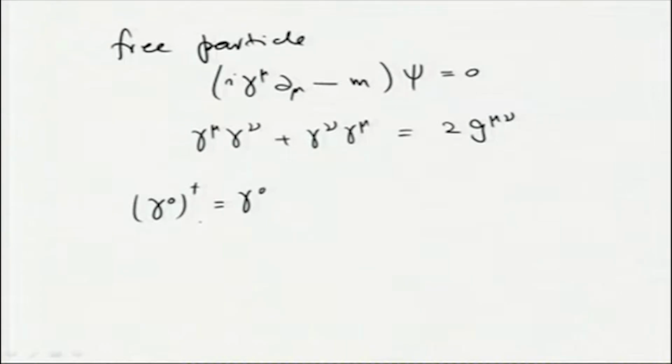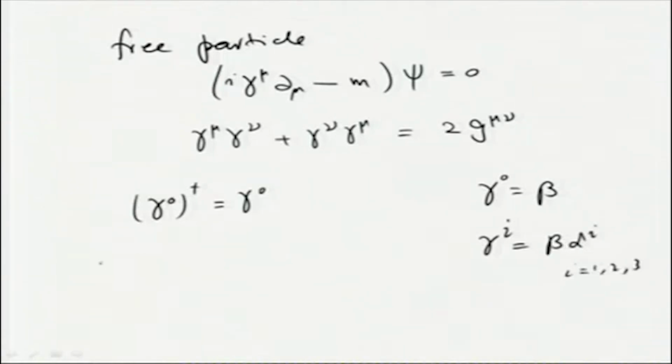We have seen that actually γ can be written in terms of γ^0 equal to β. We remember our original form of the Dirac equation in terms of β and α, and γ^i is β α^i, where i now runs from 1 to 3.